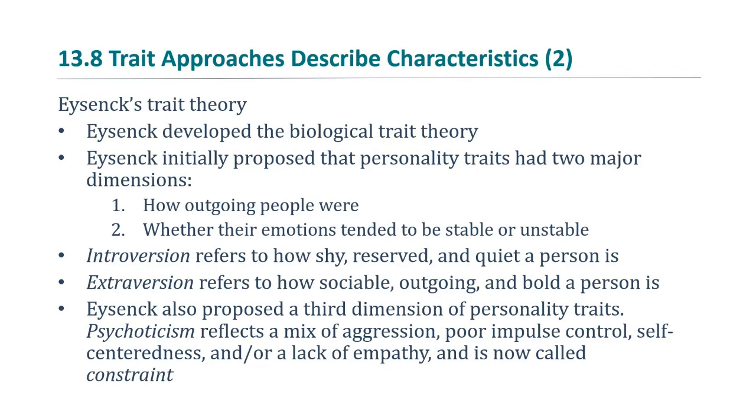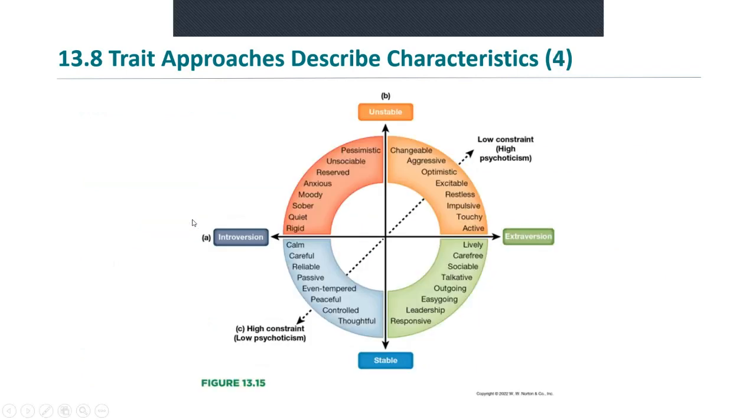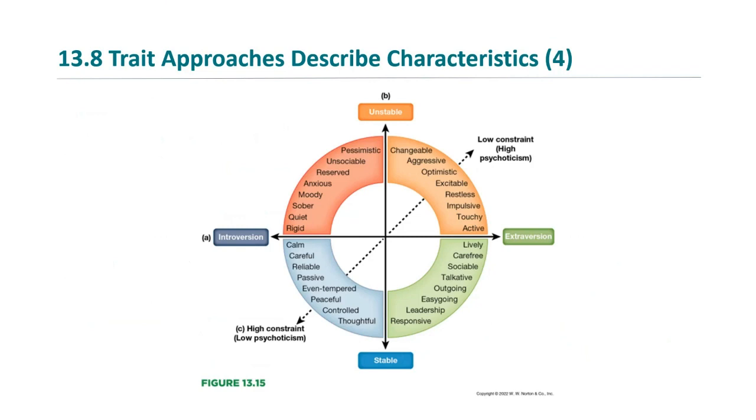We can see a pictorial representation of this model here. You can see the three dimensions, extroversion, introversion across the center, unstable versus stable, going up and down, and then the third dimension, psychoticism or constraint, going on the diagonal there.